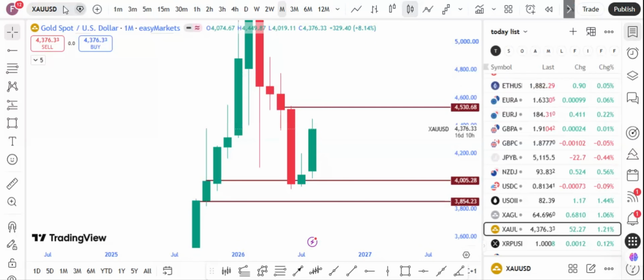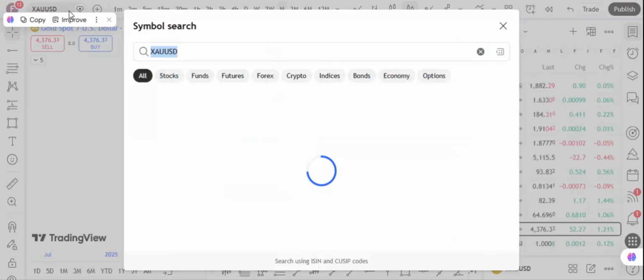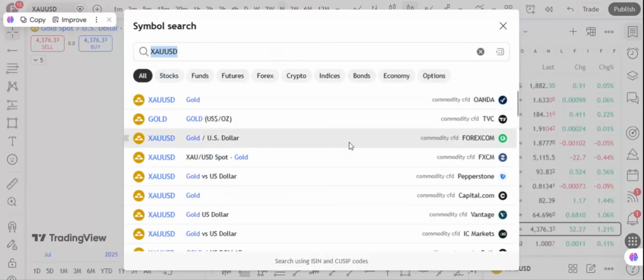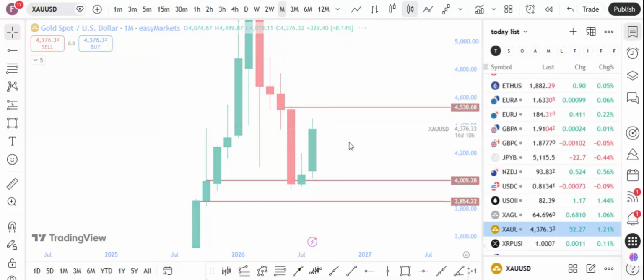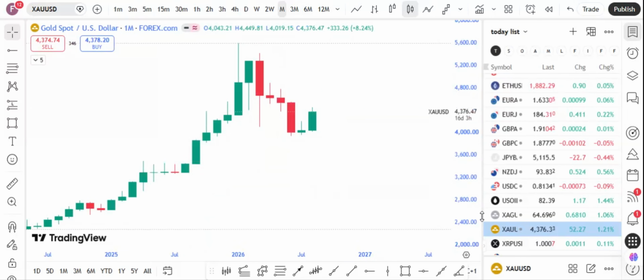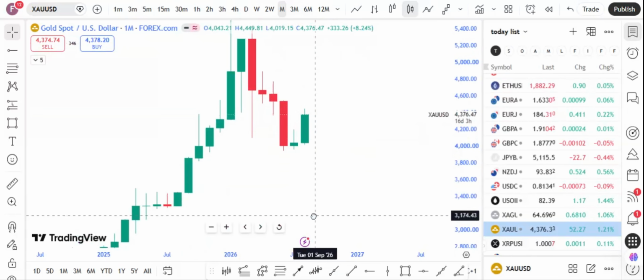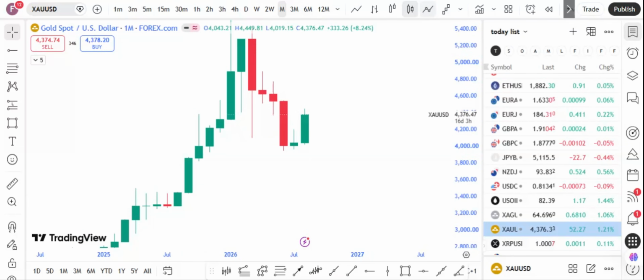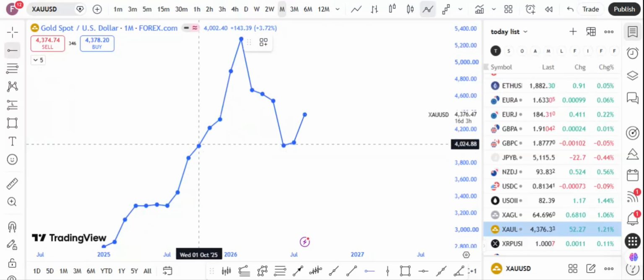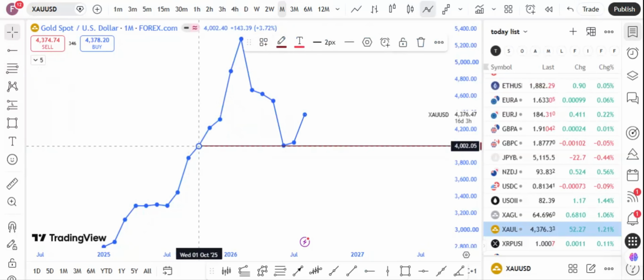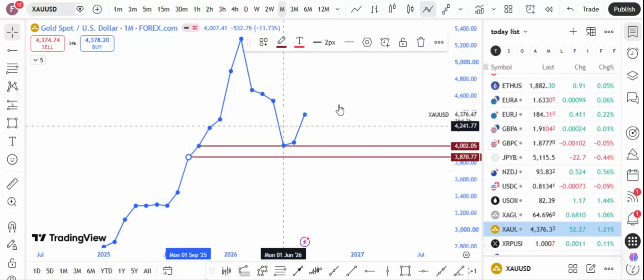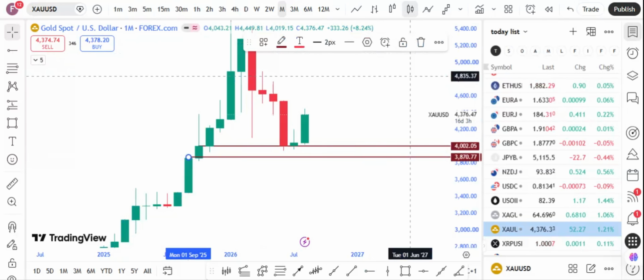Alright, Easy Market, their chart doesn't look very neat. Let me try another, Forex.com. Remove this. Mark my levels from here and here. Let's assume that's where I'm actually waiting.